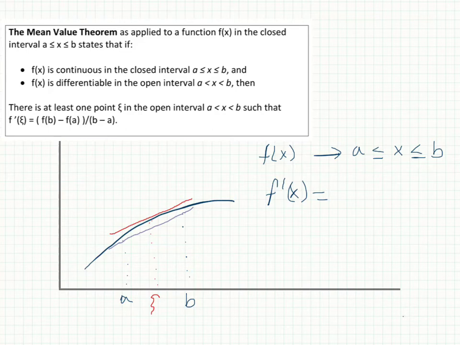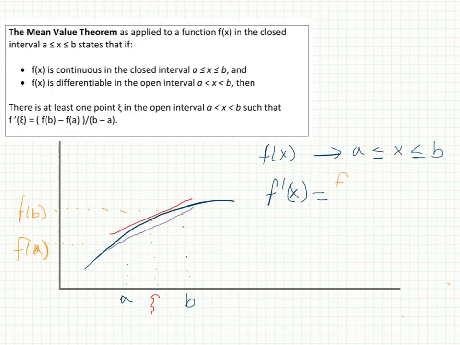So let's take a look at that. Well, here is f of b, and right about here is f of a. So there's f of b and f of a. So we've got f of b minus f of a.